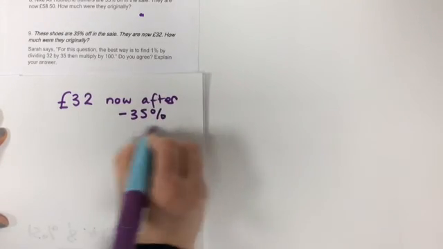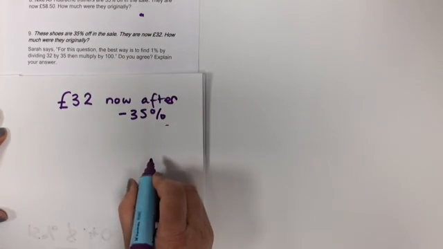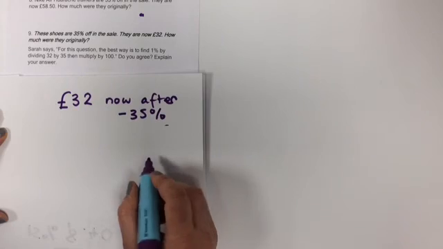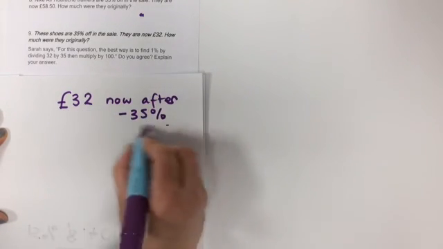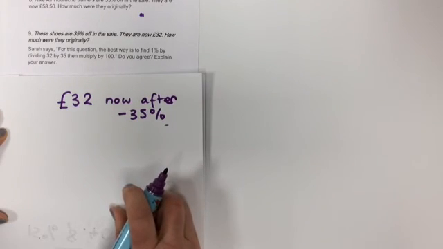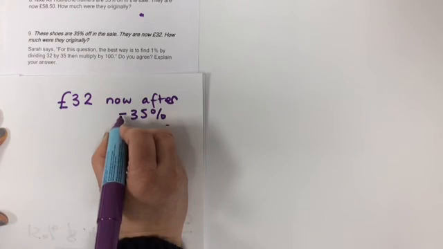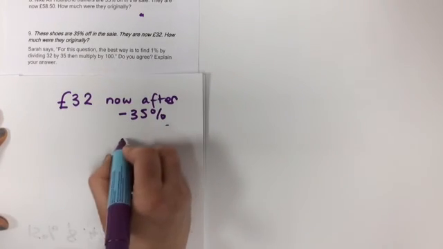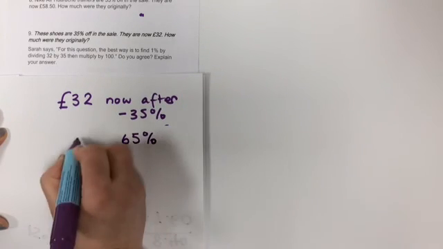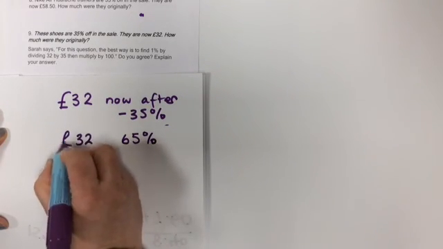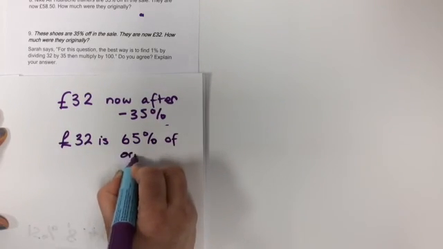They've already reduced the 35% off, and now they're 32. So actually, like the last pair of shoes we were talking about, £32 is 65% of the original price.